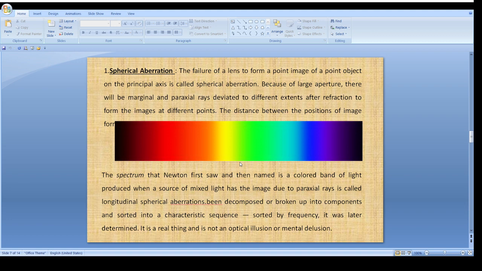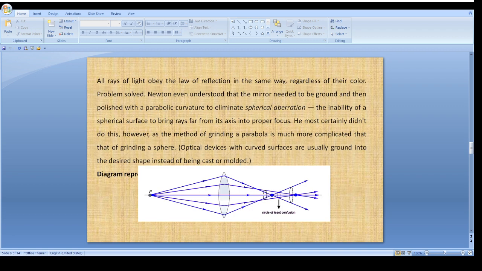Being decomposed or broken up into components and sorted into a characteristic sequence sorted by frequency, it was later determined to be a real thing and not an optical illusion or mental delusion.